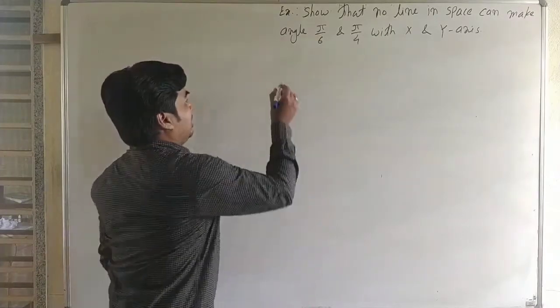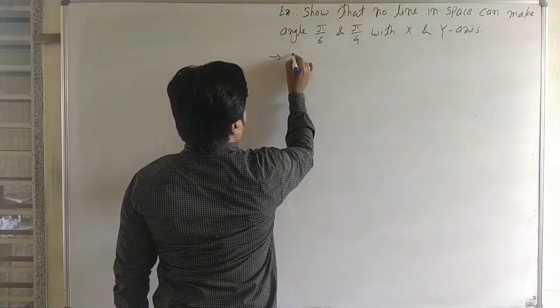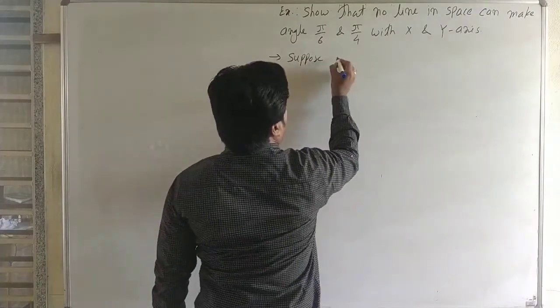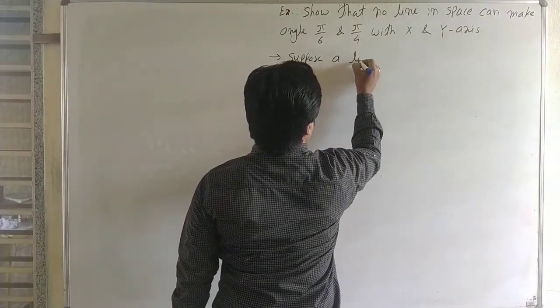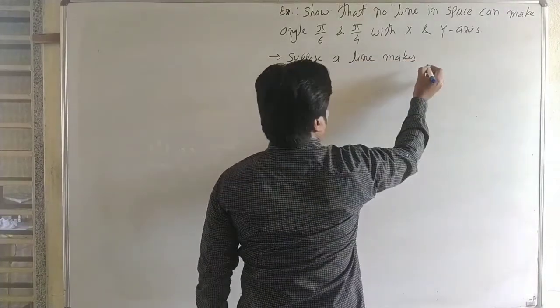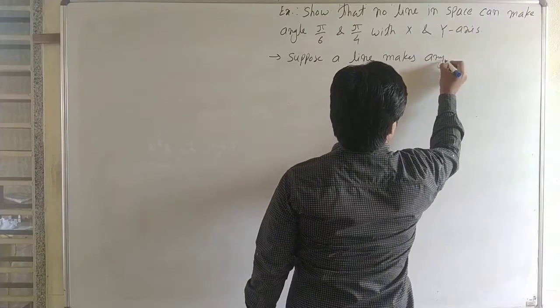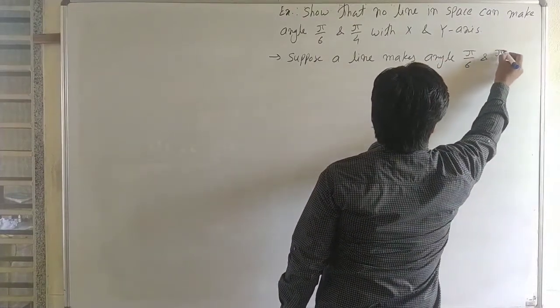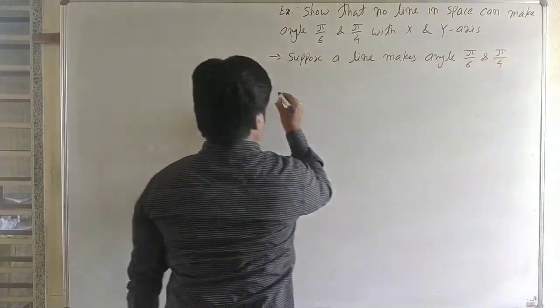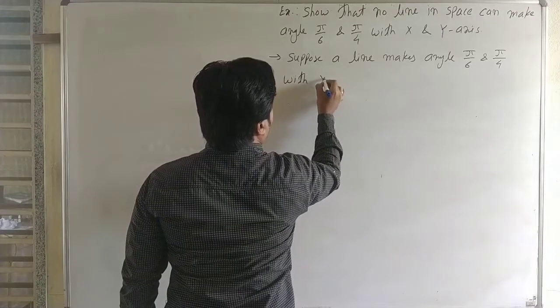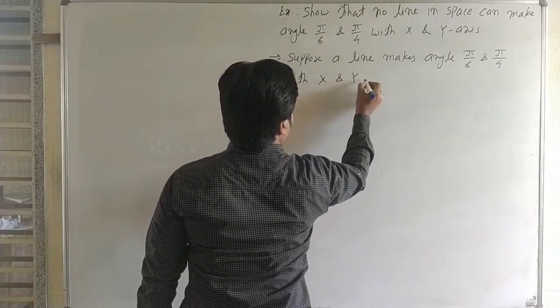Okay, here suppose a line makes angle pi by 6 and pi by 4 with x and y axis.